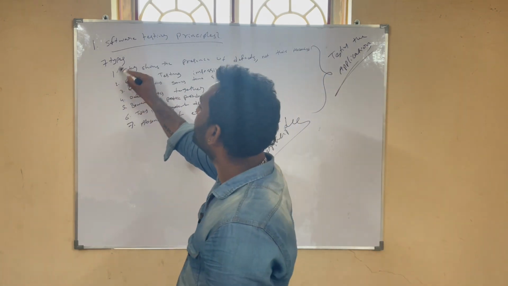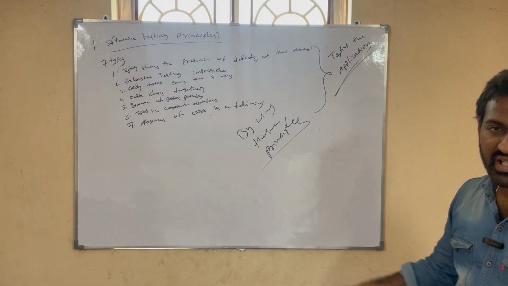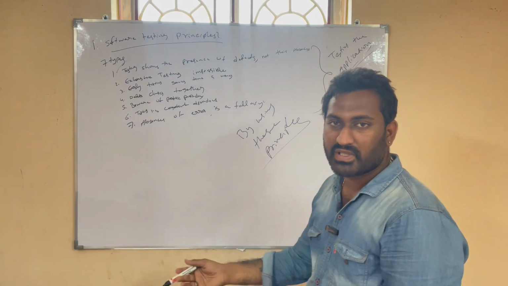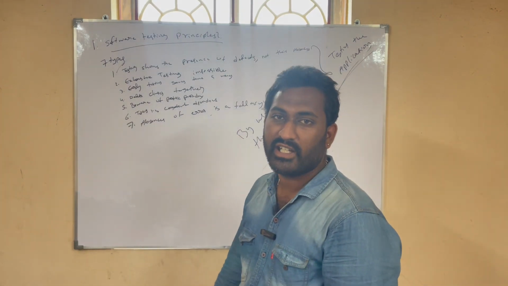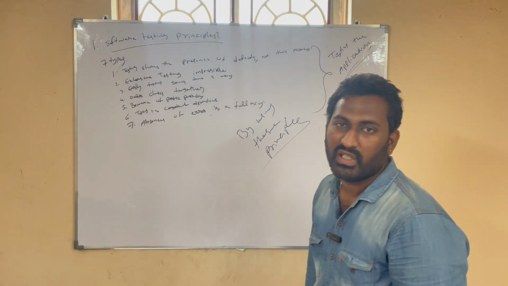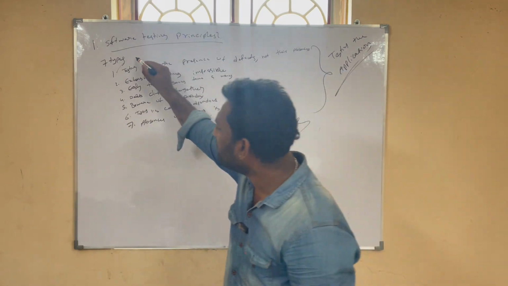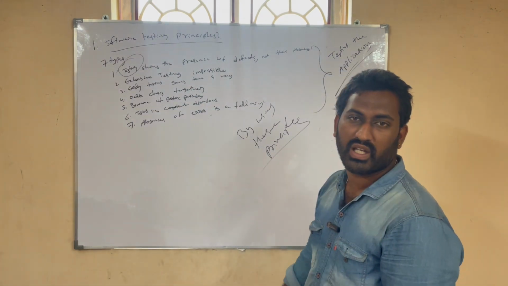First, you can see testing shows the presence of defects. What do testers do? What is the main purpose of testers? They need to check the application every time and find whether there are any possibilities of defects. Finding the defects is the testing person's main role.